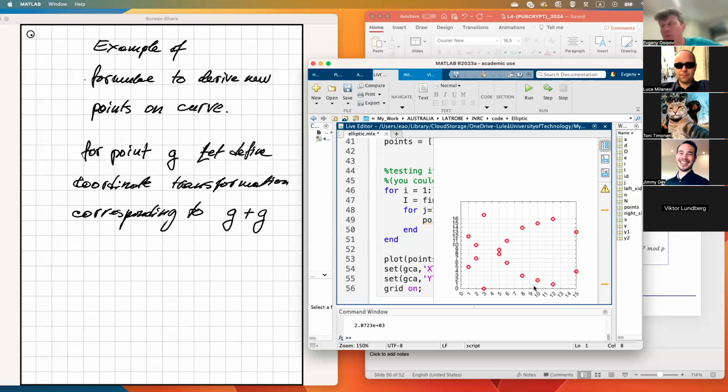So you take one point and you want to add it to itself. If you take this point, you are interested in what would be the point which corresponds to the addition of this point to itself. In other words, it's like 2G, so you double the point.